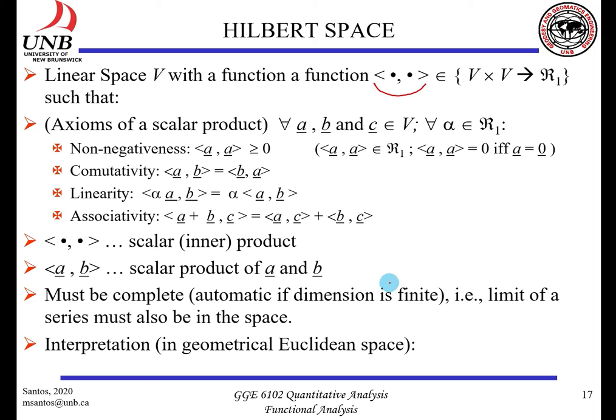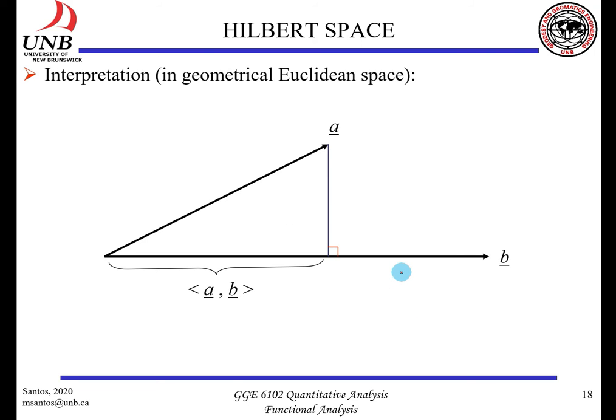The interpretation in the geometric Euclidean space of a scalar product is orthogonality. So the scalar product between vector A and B will be the projection of vector A onto B.